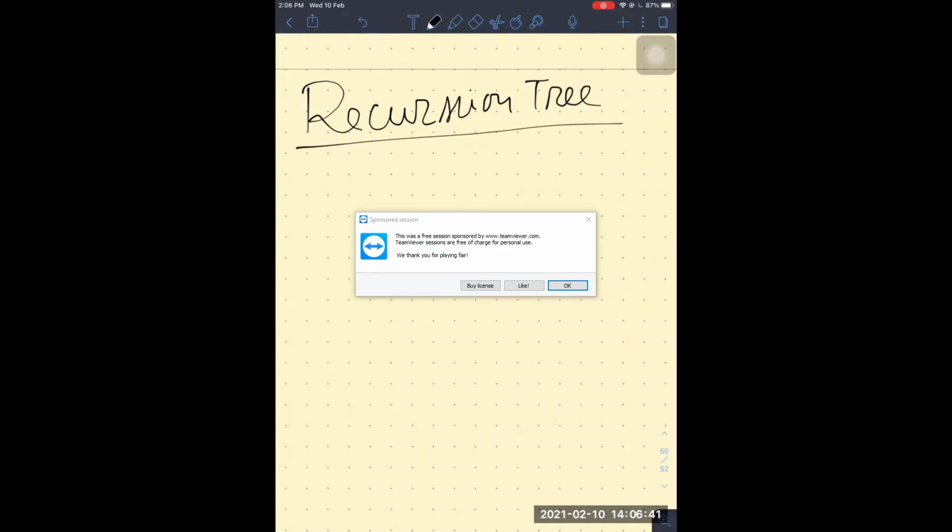So it is also similar with this iteration method. For the same equation, T of n is equal to T of n over 3 plus C times n, we will draw the tree of T of n.